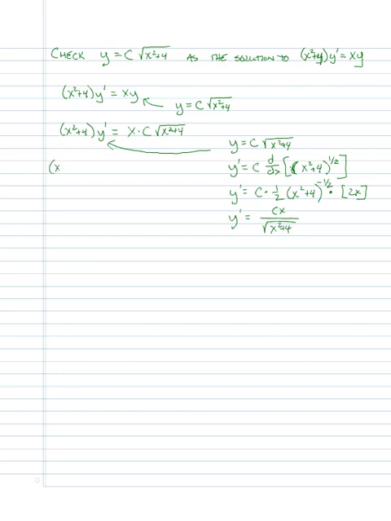We have our original x squared plus 4, and we're replacing y prime with the fraction cx over the square root of x squared plus 4. And that's supposed to be equal to, and let me rearrange the right-hand side, instead of x times c, c times x times the square root of x squared plus 4.